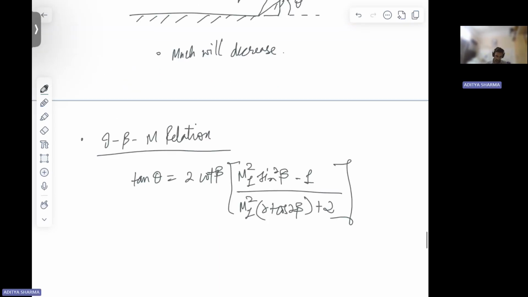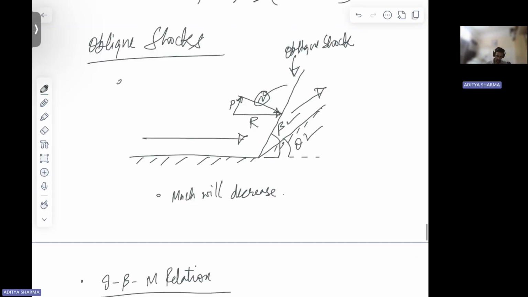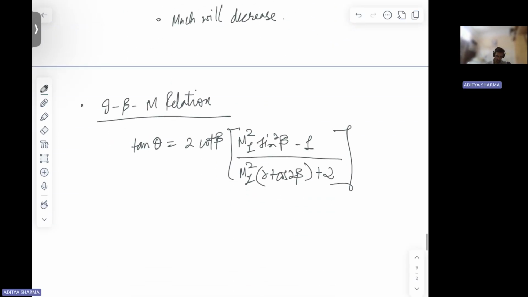Theta is the deflection angle, beta is your shock angle, and M1 is your upstream Mach number. This is how these three can be correlated.